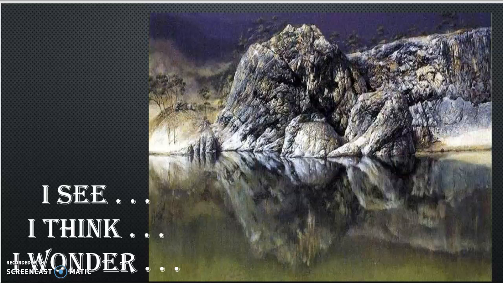When you create your sentence for what you see, I want you to use descriptive language. So, I see a murky lake, or I see a very still lake, or I see some dead trees. So you have to use description in your sentences.